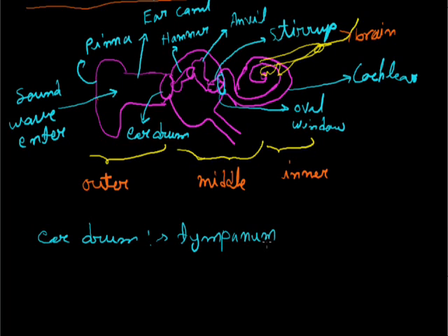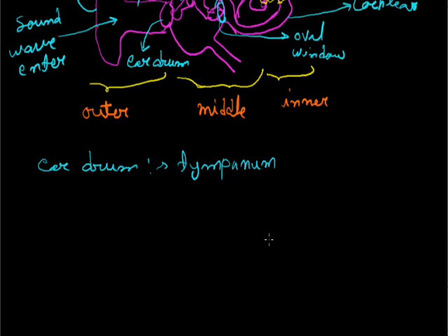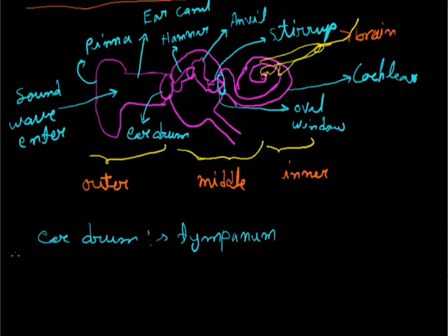The outer ear contains air. The middle ear contains three small delicate bones called hammer, anvil and stirrup.